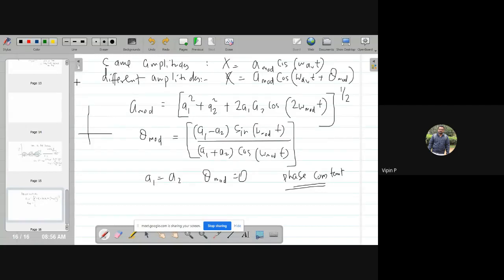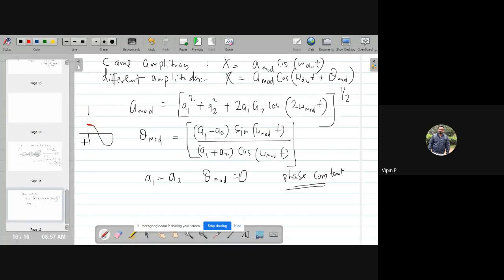Okay, so in the first case, if they are of same amplitudes, it can look like this. Let's say this is one of the combining oscillations, A1. The resultant amplitude can also start from the same position.